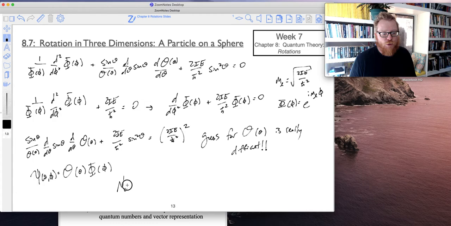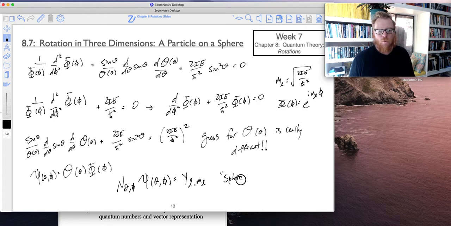And then when I go to normalize that wave function, so this is why I didn't normalize this phi result, because we have to normalize these two results together. So when you go to normalize this wave function with theta and phi dependencies, we get a very special function called the Y l ml, which we call the spherical harmonics.